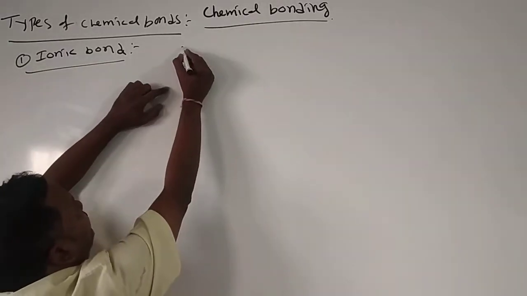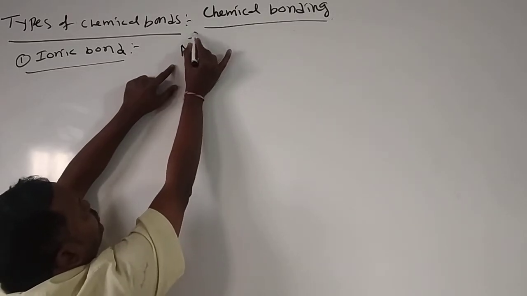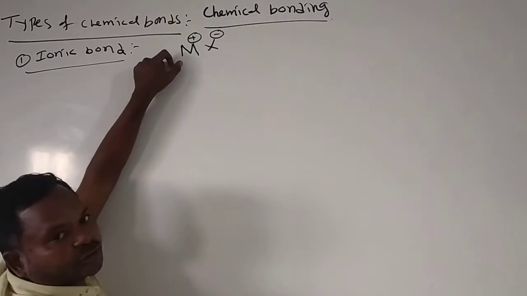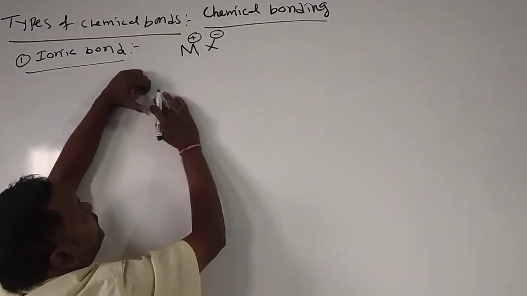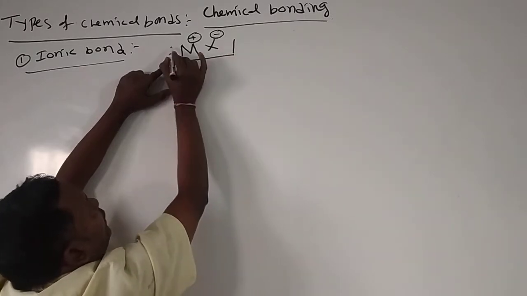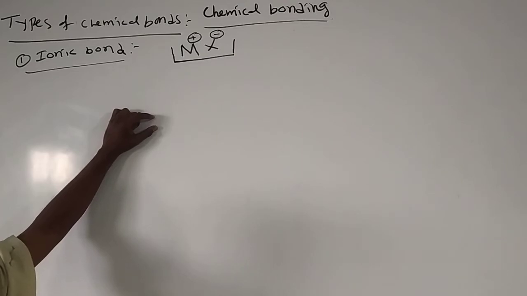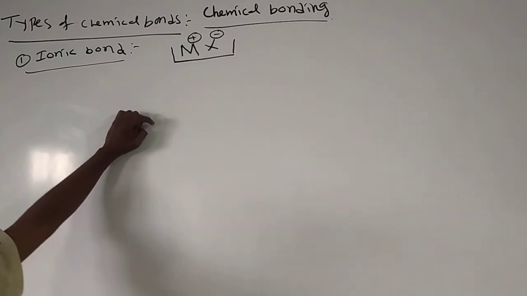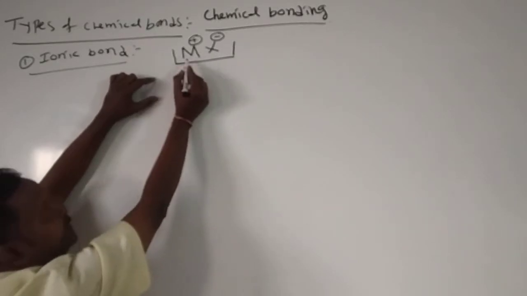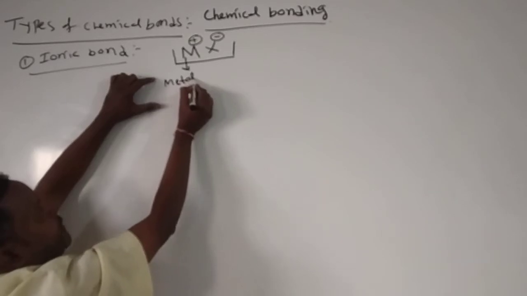The strong attraction forces between oppositely charged ions: M plus is a positively charged ion, and X minus is a negatively charged ion. The strong attraction forces between these two ions we call an ionic bond. Most probably the ionic bond is formed where M plus is always a metal, since it loses electrons.